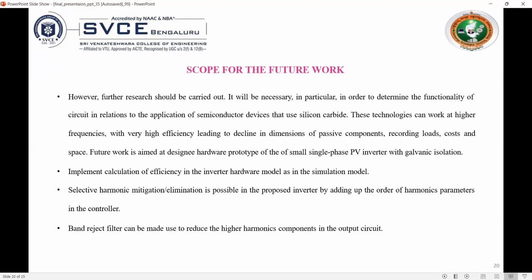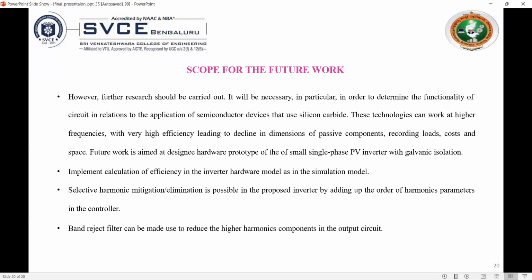These technologies can work at high frequency with very high efficiency, leading to a decline in the dimension of passive components, weight, cost, and space. Future work is aimed at designing a hardware prototype of a small scale single phase PV inverter with galvanic isolation, implementation, and calculation of efficiency in the inverter hardware model as in the simulation model.